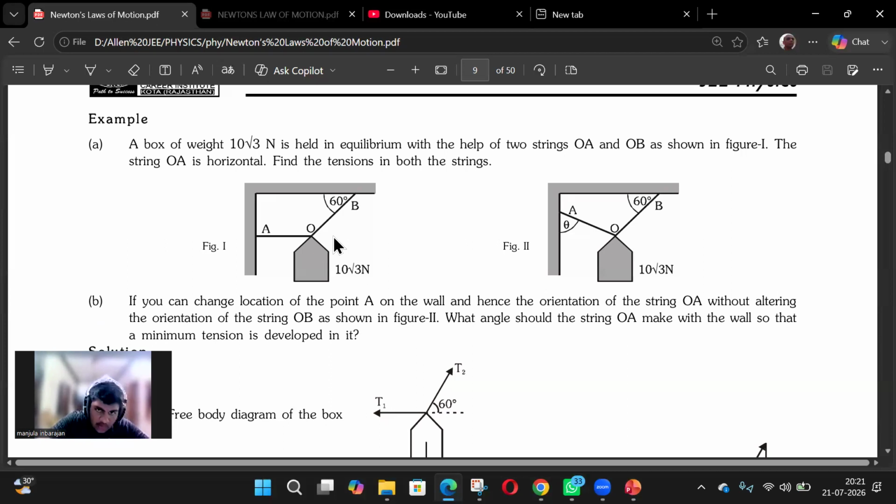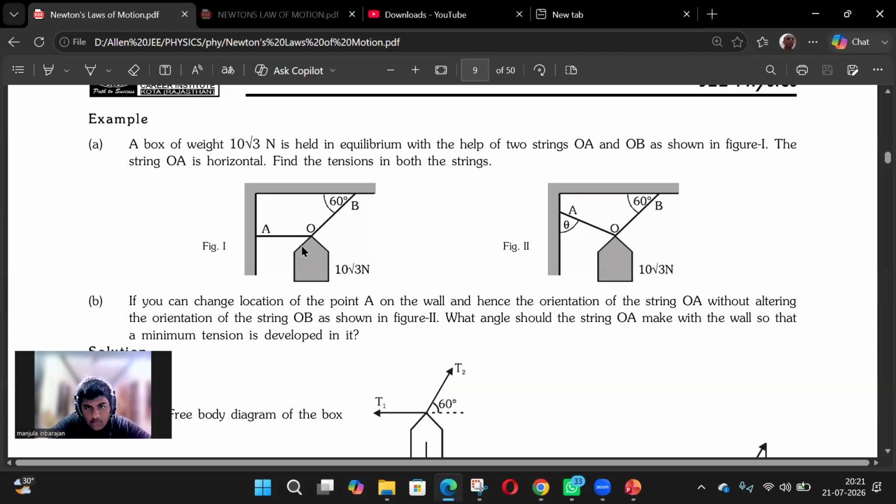Straightforward question. Figure 1, I think, is 5 by root 3 tension, because it's just force into cos theta. You have to find both the tensions, T1 and T2.